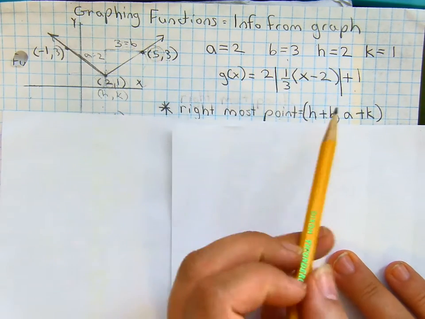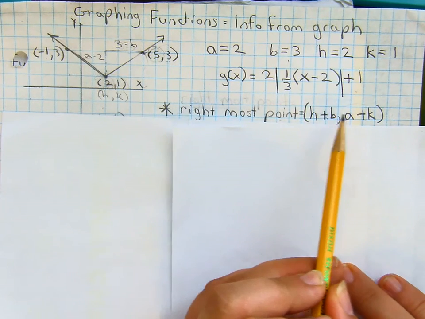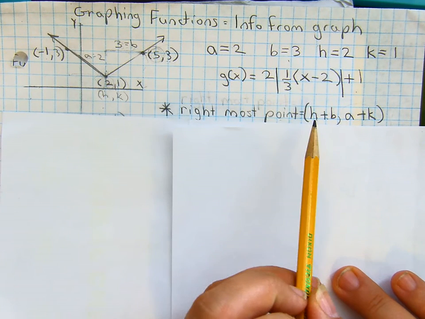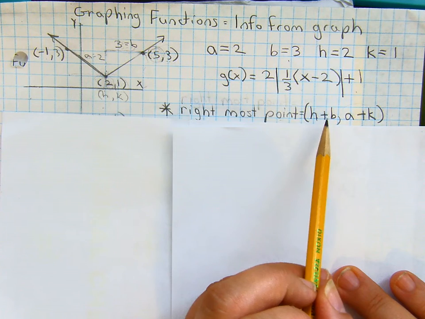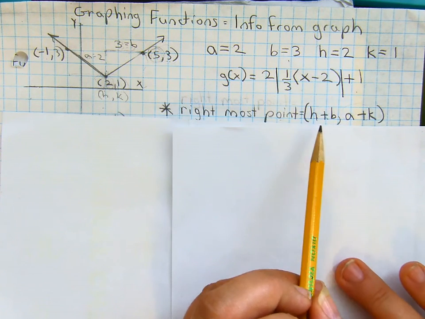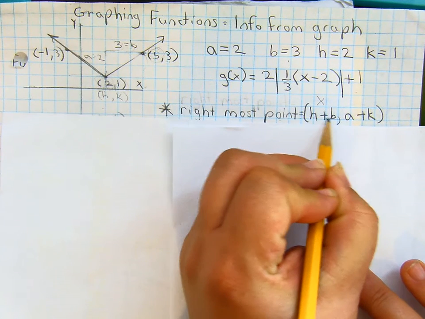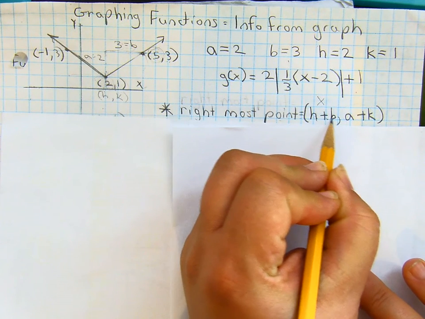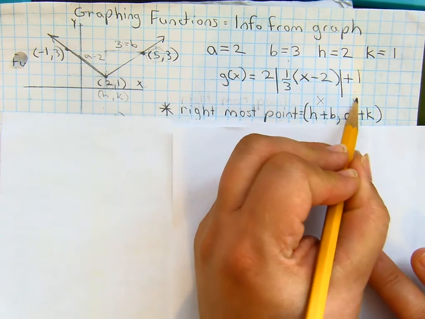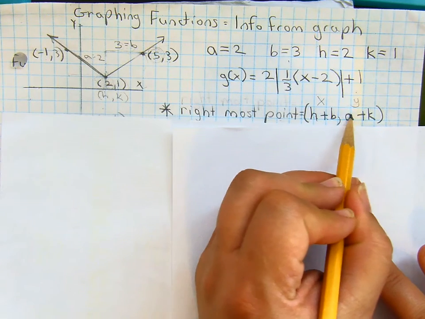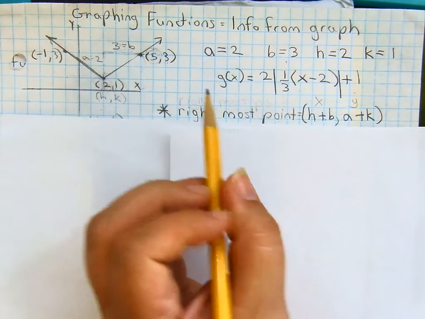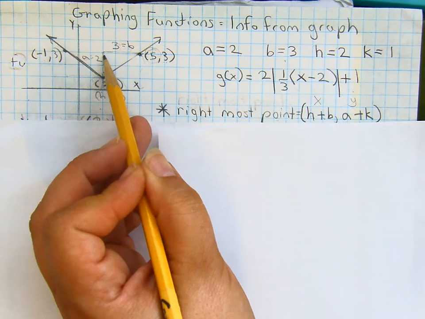So this part here is an essential bit of notes that you want to make sure you have copied down. The x of the rightmost point is going to be equivalent to the sum of h and b. The y of the rightmost point is going to be equivalent to the sum of a and k.